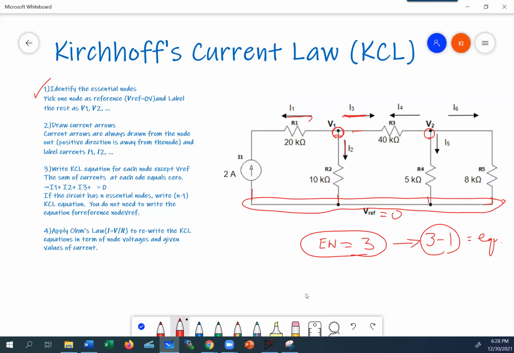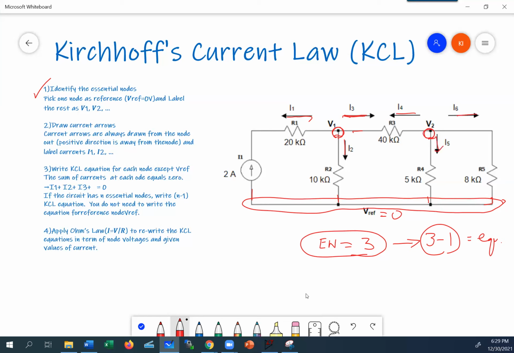For us, we're always going to do the same thing, but there's nothing in nature which says that's what you do. The reason we do it is that consistency helps us be more predictable and we don't have to think too much about it. We just draw it always going out, absolutely no exception. And so we go to the other node, which is V2, and we draw all of these out.